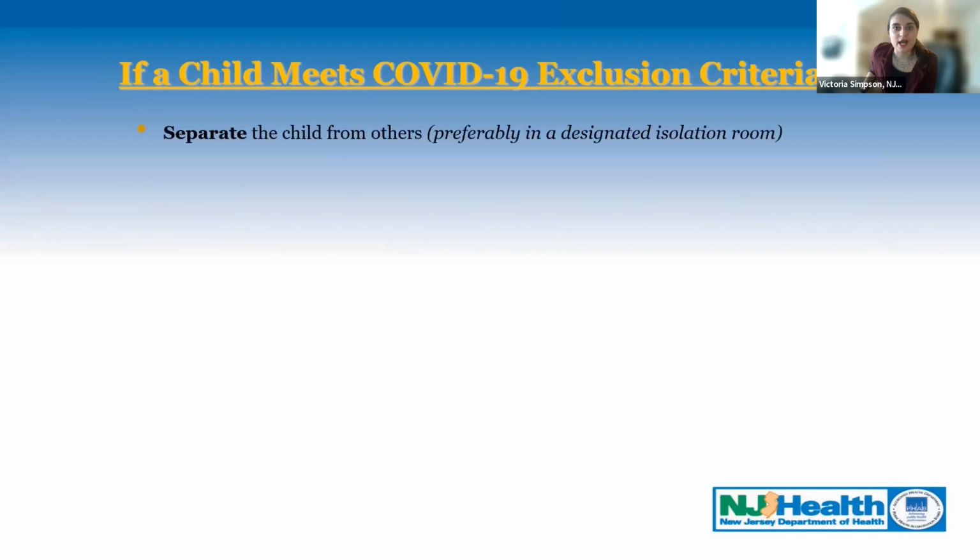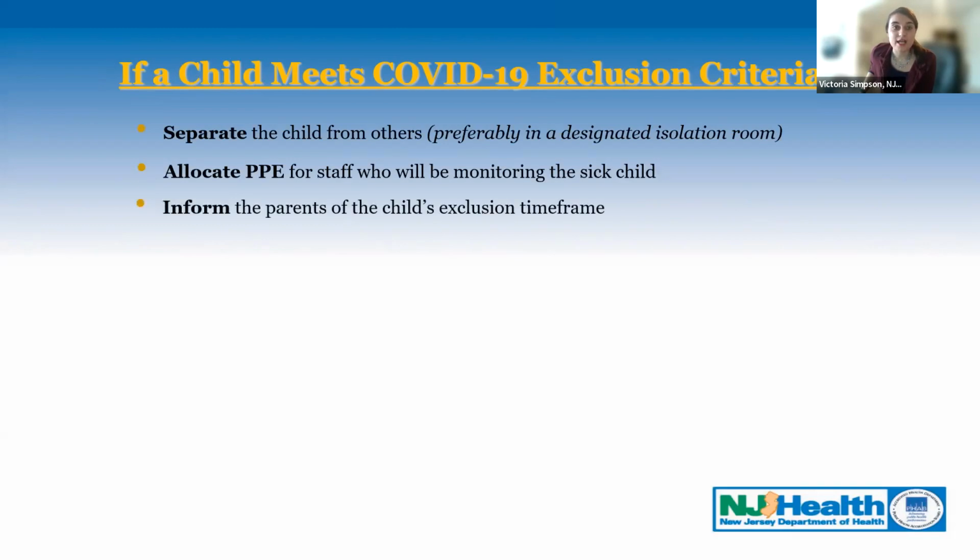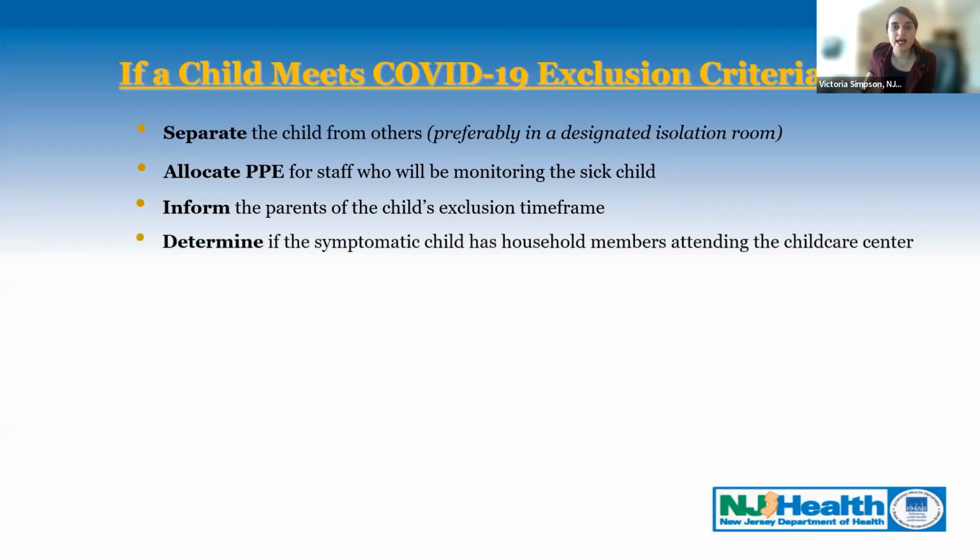foremost, the sick child should be isolated in a designated isolation room. Second, it's important the Child Care Center allocates PPE for the staff who will be monitoring the sick child. The staff assigned to supervise the children waiting to be picked up should follow physical distancing guidelines. Parents need to be notified that the child meets COVID-19 exclusion criteria and should be picked up from the center.